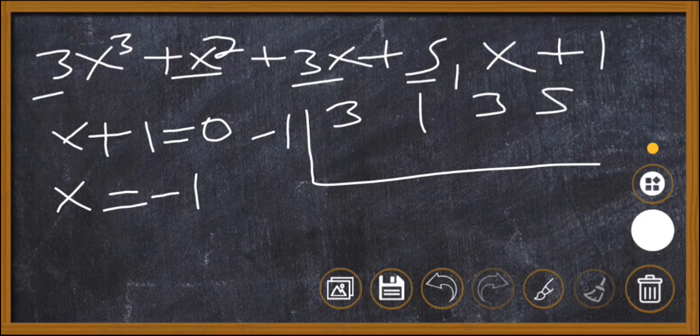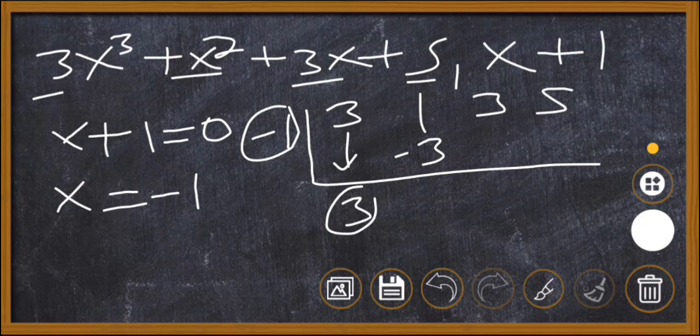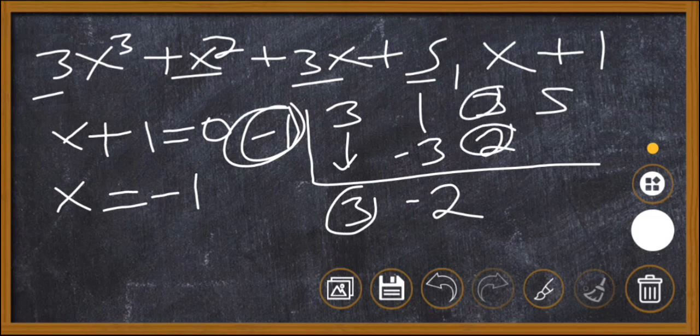So in this case, we have to drop this down here. We have 3, and then negative 1 multiplied by 3 is negative 3. And then 1 added to negative 3 is negative 2. Then negative 1 here multiplied by negative 2 is positive what? It's positive 2. So we have 2 there. And then 3 added to 2, we are going to have what?